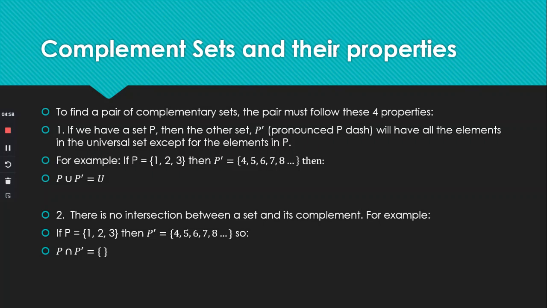We haven't written all the numbers yet. We're just writing it to show that this is all the numbers in the universal set except for 1, 2, and 3. So this is why we can also say that since there are no common elements, P intersection P dash will be a null set. As we said from last episode, a null set is basically a set with no elements, where elements are the values inside a set.